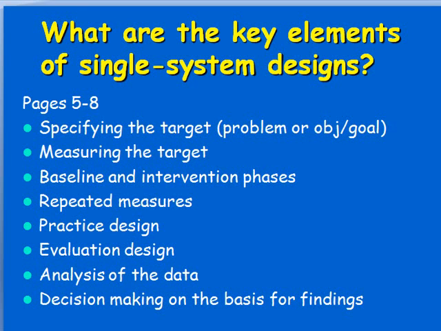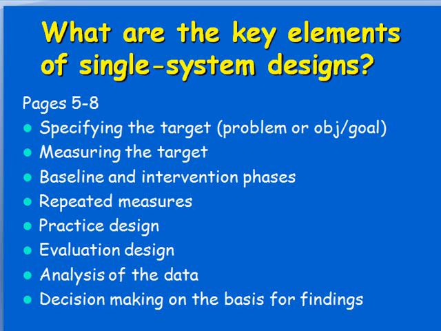And then also measuring the target, another aspect of that is who is the source of the data. We often think of standardized scales as being self-report data, that the client fills it out. But in order to get the best picture of what's going on, we want to use different sources of information.